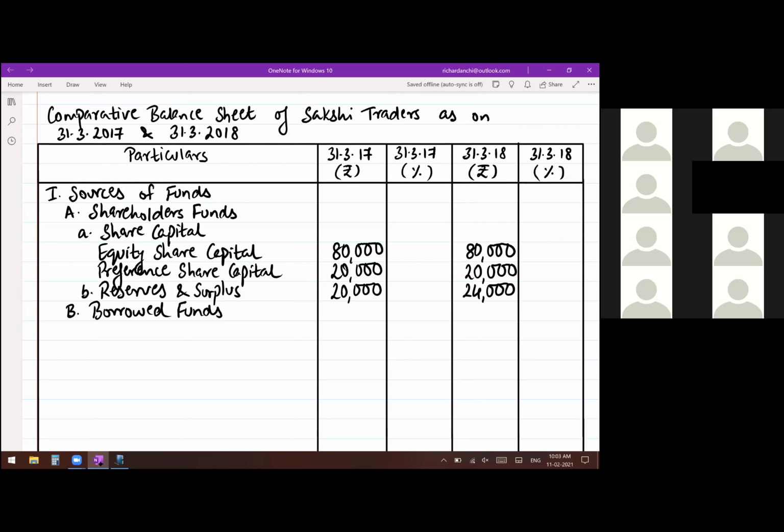And write down first one, secured loan. First column 40,000, and next for 2018 16,000.